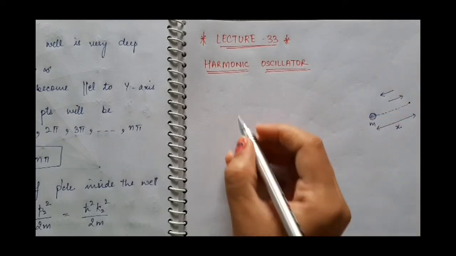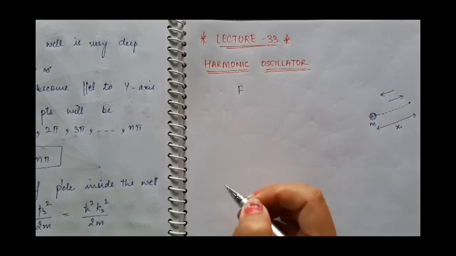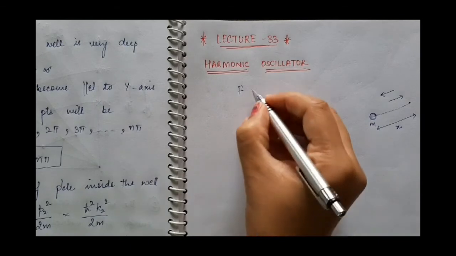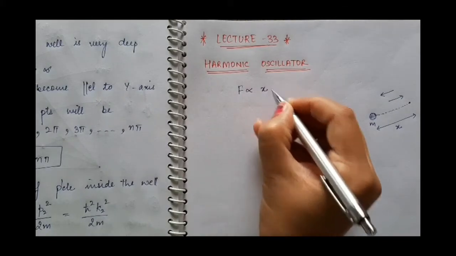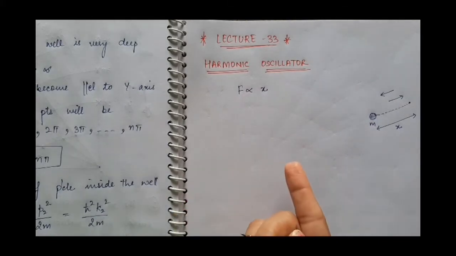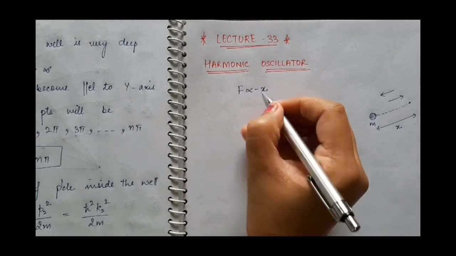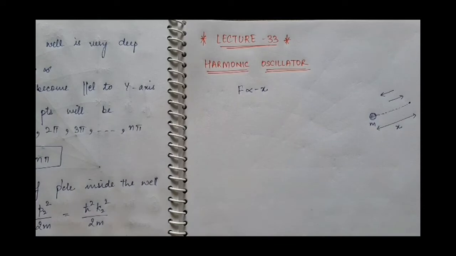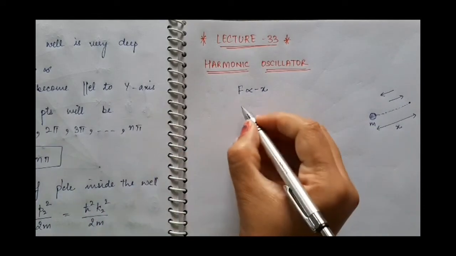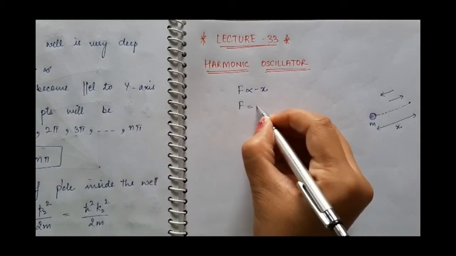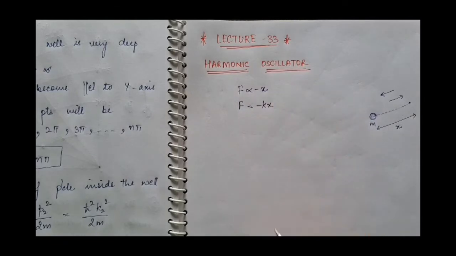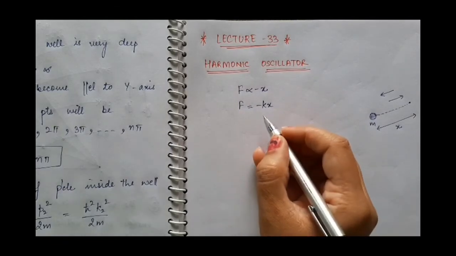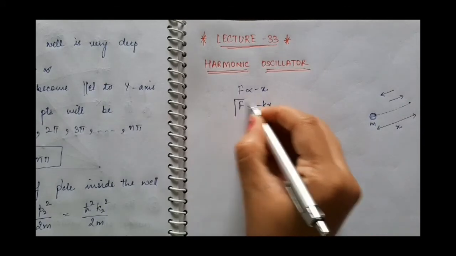So the restoring force developed is directly proportional to the displacement. The more the displacement, the more the restoring force, but the direction of the restoring force and the displacement are opposite, so we take a negative sign. Here we have force equal to minus kx, where k is the proportionality constant, also known as the force constant.